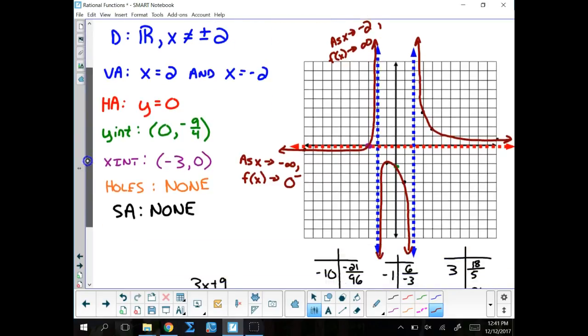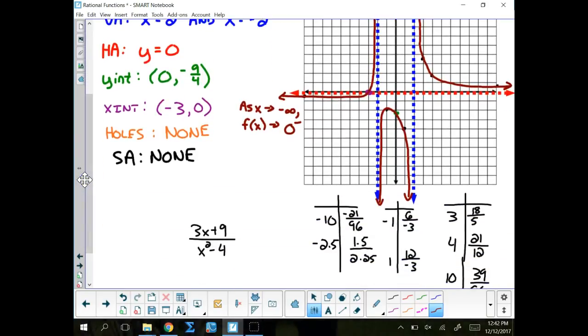Then, working left to right, we'd have here negative 2 from the right, f of x goes to negative infinity.